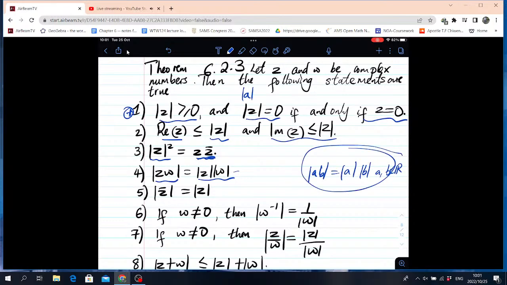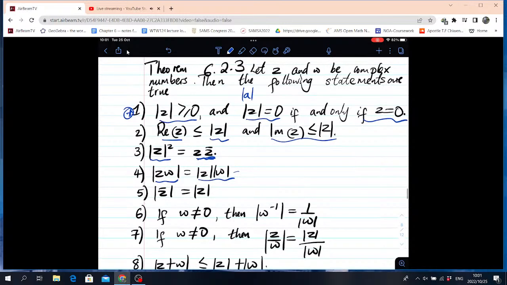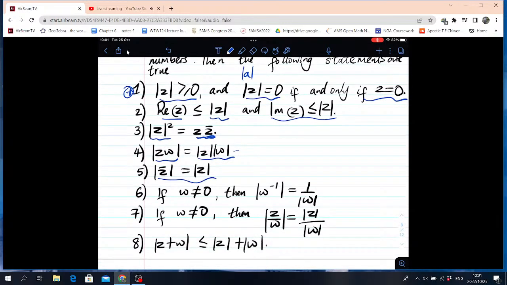In the fifth property, the modulus of the conjugate is the same as the modulus of z. You can see why, because when we take the modulus of z, we square the real part and the imaginary part, so that doesn't change anything for the conjugate.